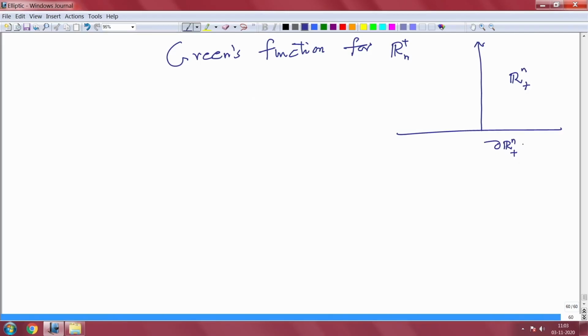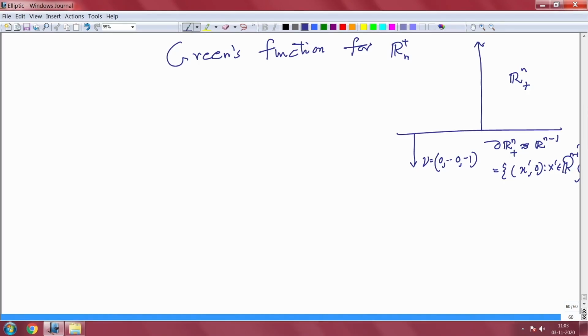You can view the boundary as R n minus 1, or you can view it as x prime, 0. These are all identifications with x prime in R n minus 1. And its normal derivative: the normal nu is equal to 0, etc., minus 1. You need all this to compute on the boundary.